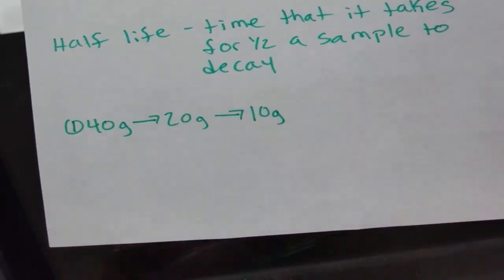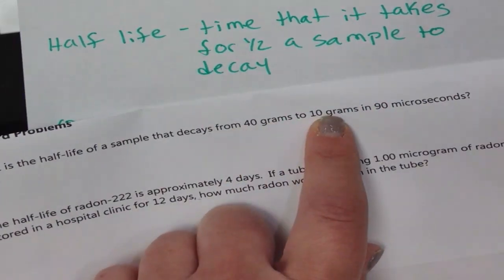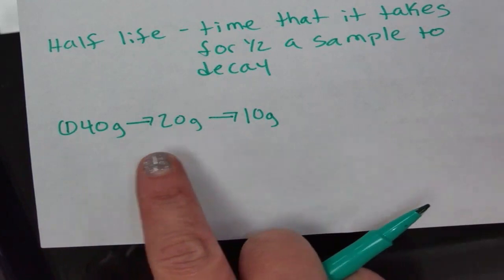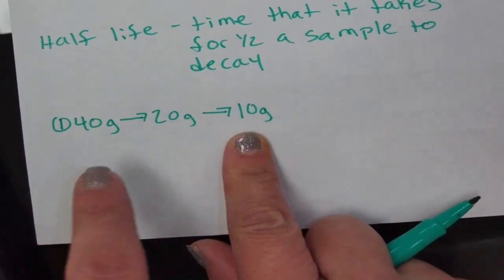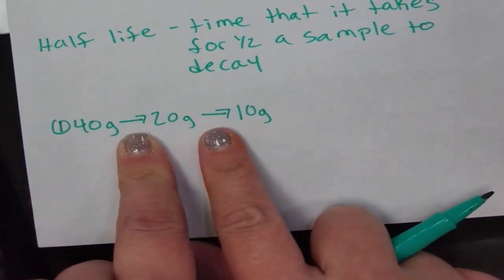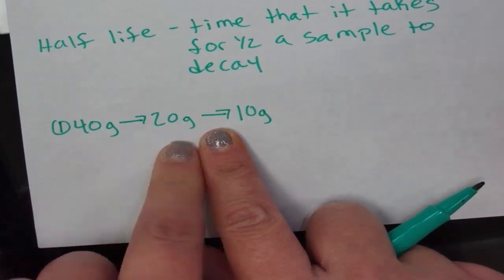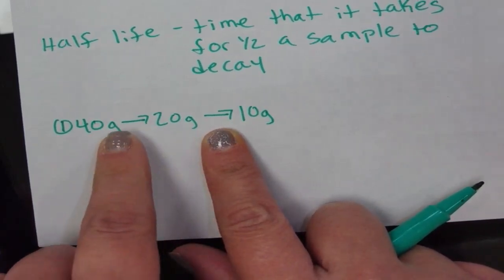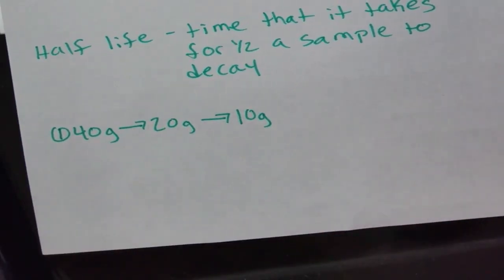So in my problem, I started at 40 and I ended at 10. So here's what I've done. I've divided in half and then in half. So here's my starting point and here's my ending point. Each arrow equals a half-life. So this particular problem has 2 half-lives in it.